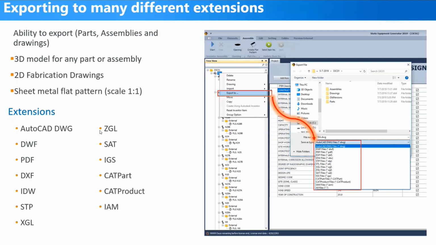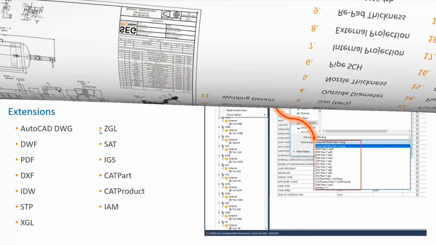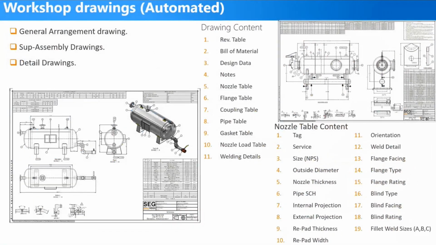You can export your drawings to many different extensions. For the drawings, you can make a general arrangement drawing for the equipment, make sub-assembly drawings for the attachments, and make detailed drawings for some nozzles or other attachments.